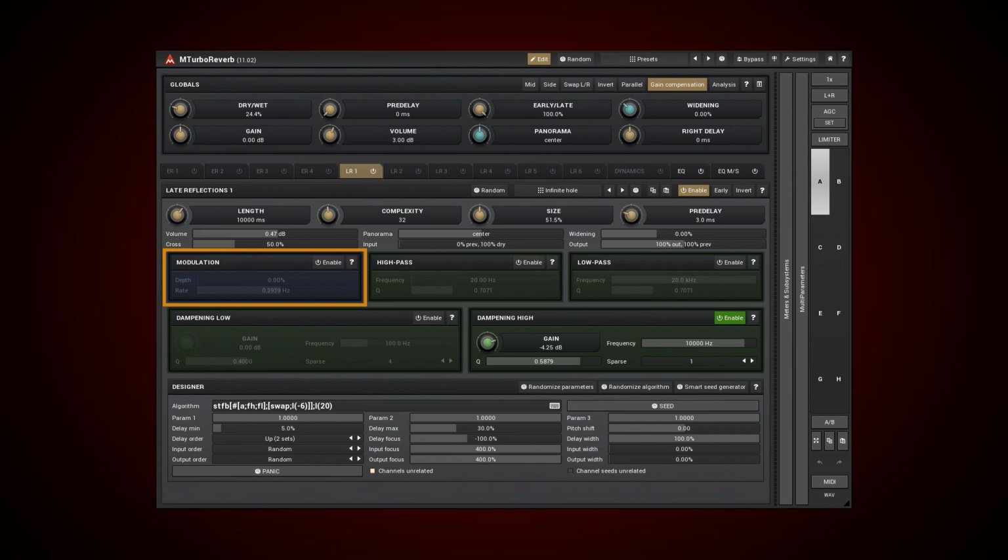Also, the modulation can create a pleasant chorus effect in the reverberation. When overused, it makes the reverberation sound bizarre or even ugly.